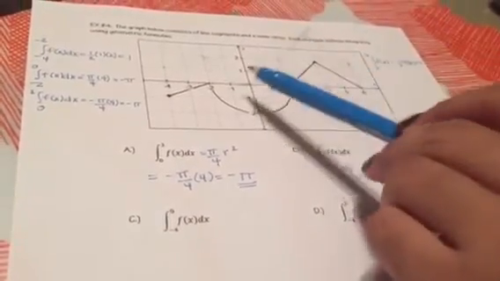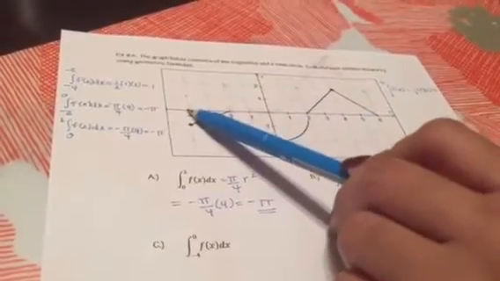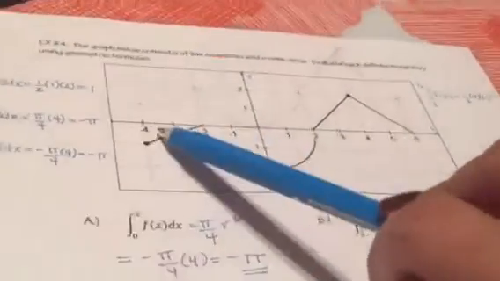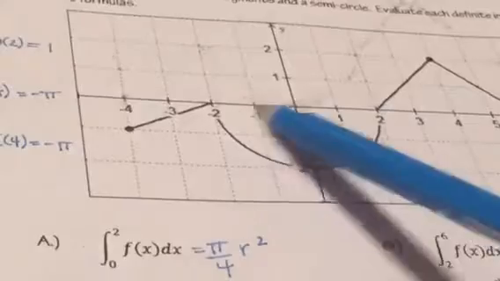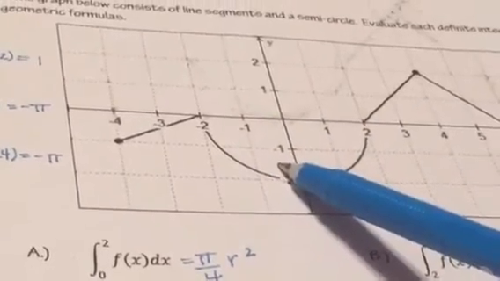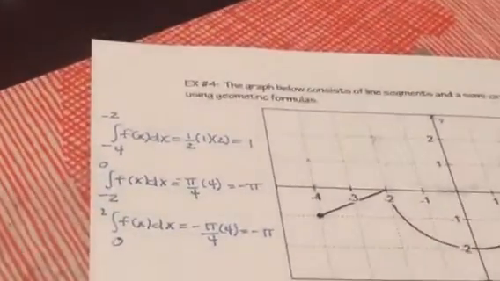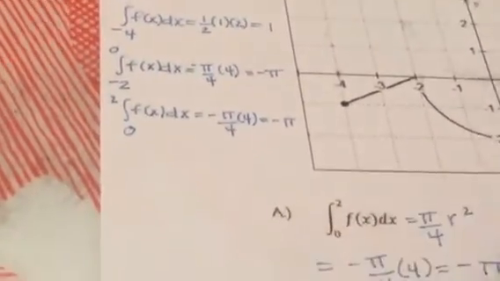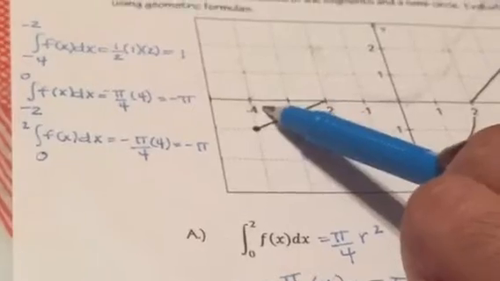Going from -4 to 0 is taking the triangle area and the fourth of a circle area. Well, going from -4 to -2, I had calculated it to be 1, -1, keep in mind, because it's below the x-axis.